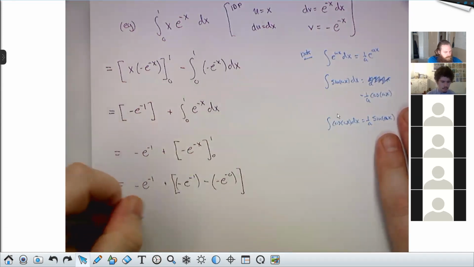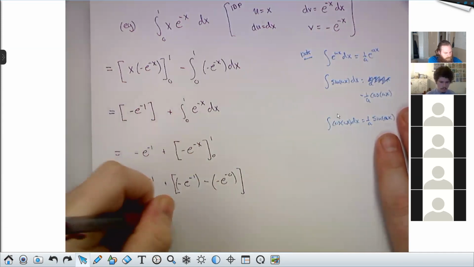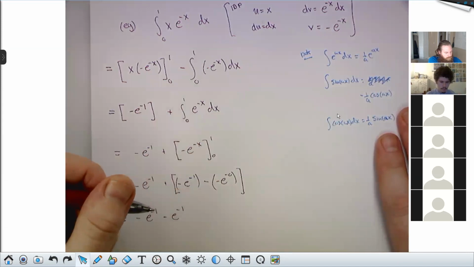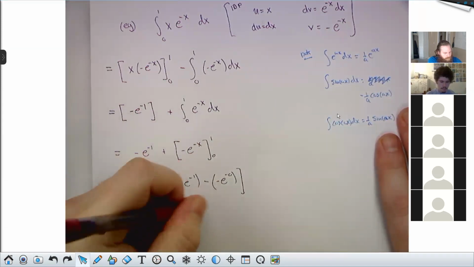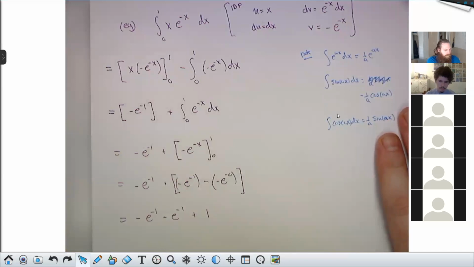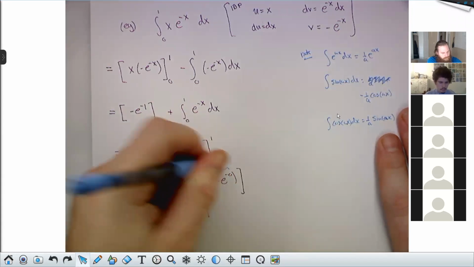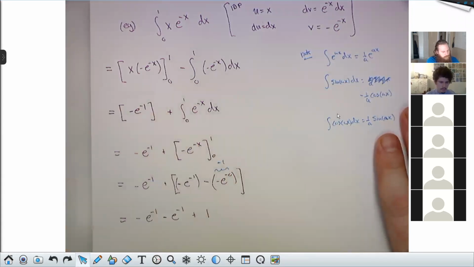So this is negative e to the negative 1 minus e to the negative 1 plus e to the 0, which is 1. And this piece right here is negative 1, so minus negative 1 makes plus 1.